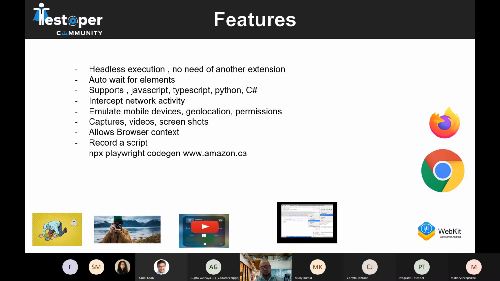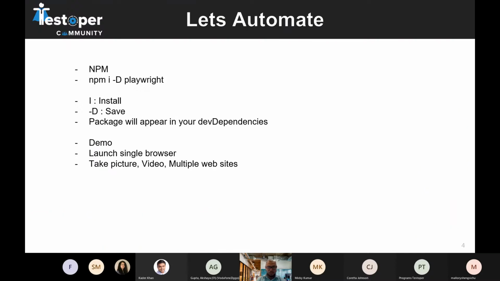Another most important feature is you can interact with the network activity, where other tools have limited capability compared to Playwright. You can emulate different browsers and mobile devices, and it has built-in features to capture videos and screenshots. You can also record a script by using the built-in CodeGen tool.